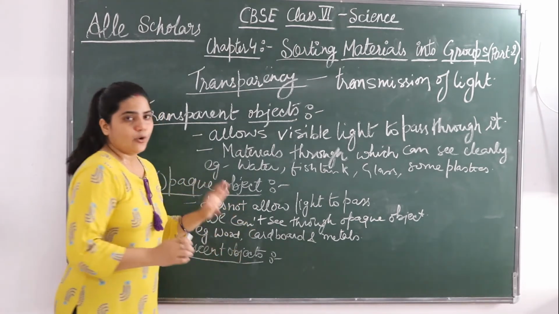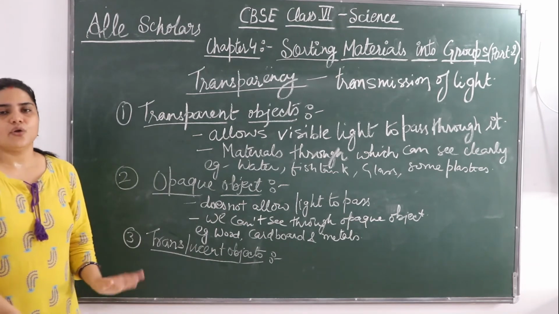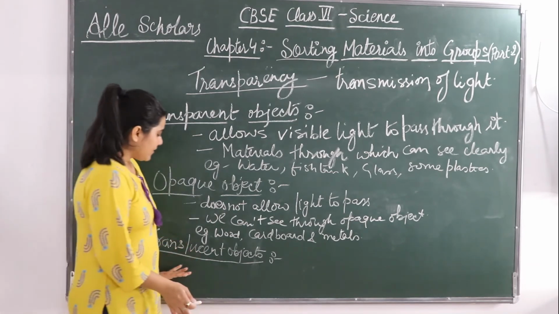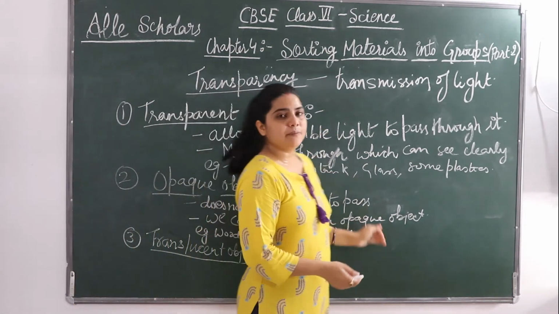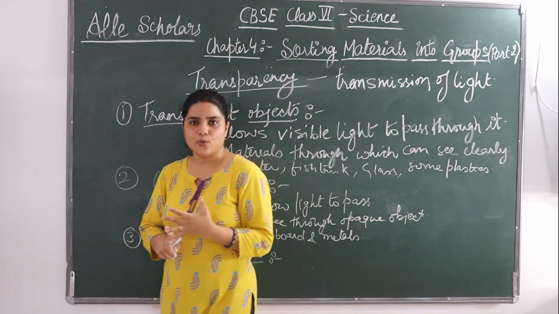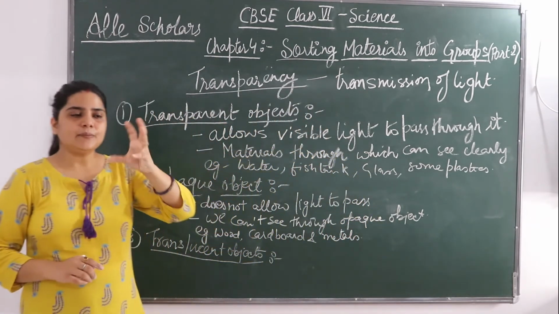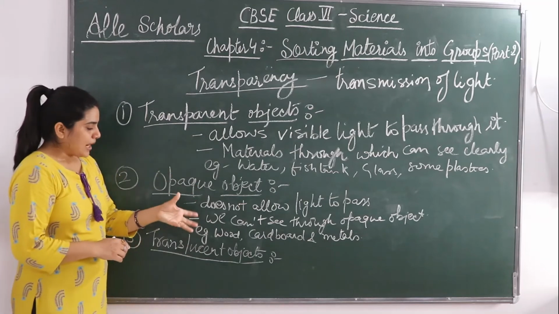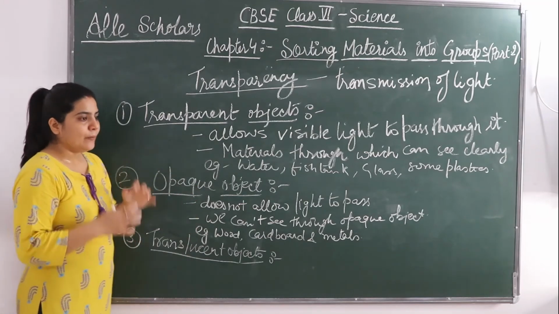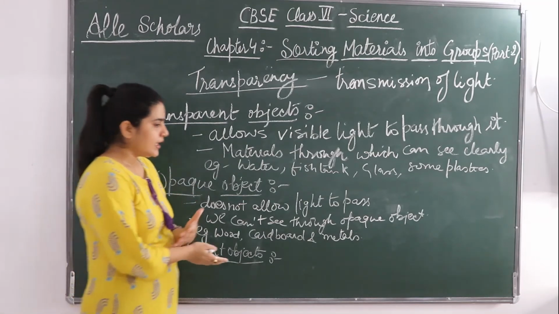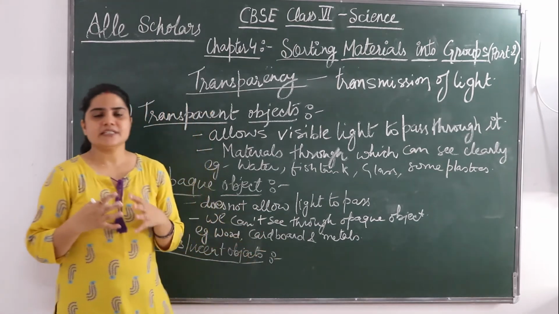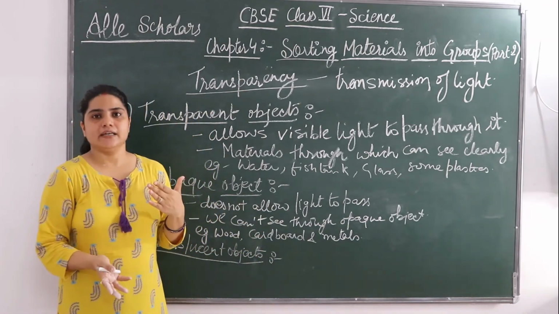The other is an opaque object in which we are not able to see at all. A translucent object is in between transparent and opaque. It means some partial light passes through a translucent object, and the material can be seen but not clearly.